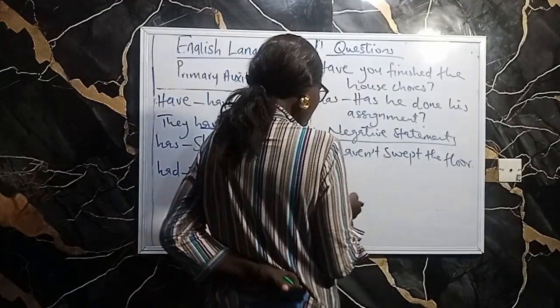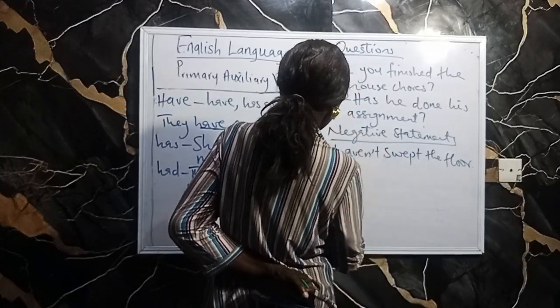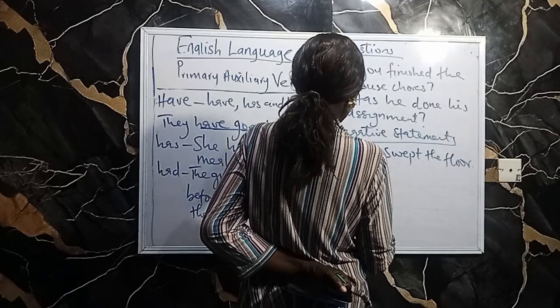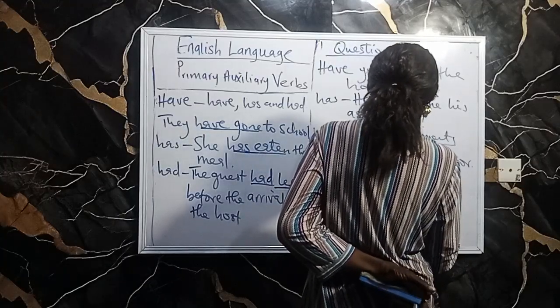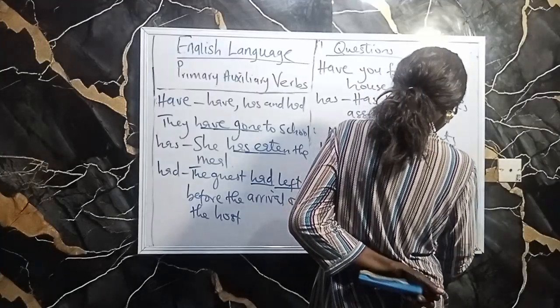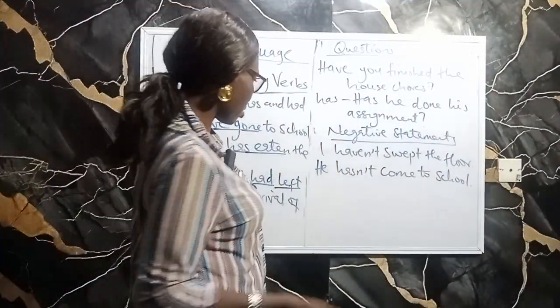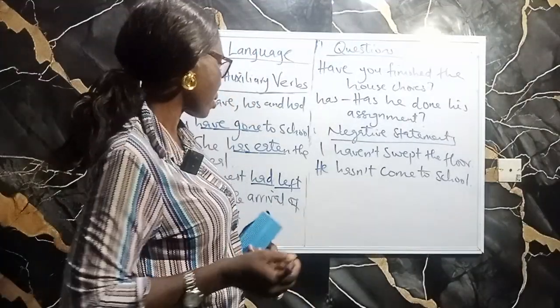Then we can also say, okay, let me use he. He hasn't come to school. He hasn't come to school. Has not come to school. So these are negative statements.